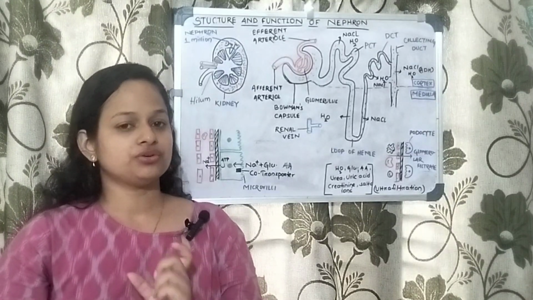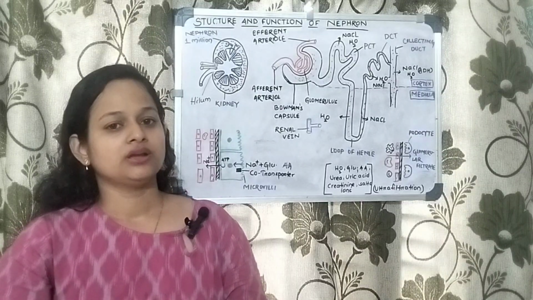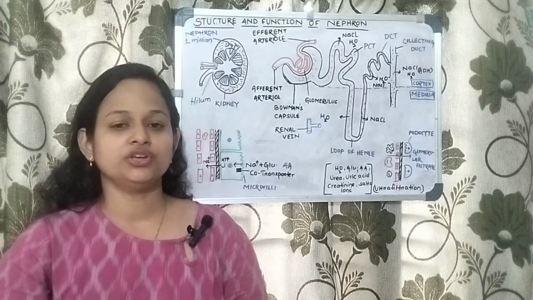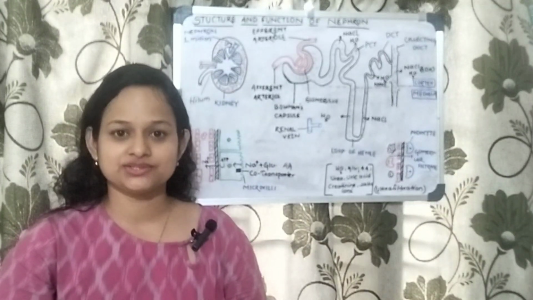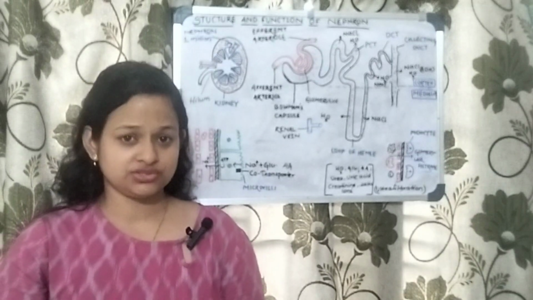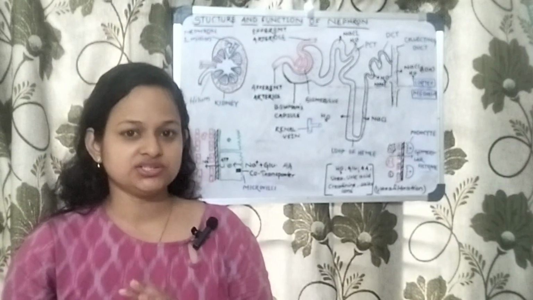The organic substances it contains are urea, uric acid, creatinine, drugs, etc. And the inorganic substances it contains are ammonia and some mineral salts. But there are also some additional constituents present in urine during some pathological conditions.